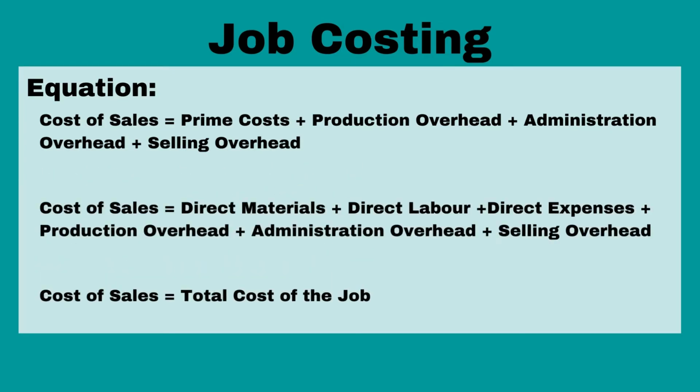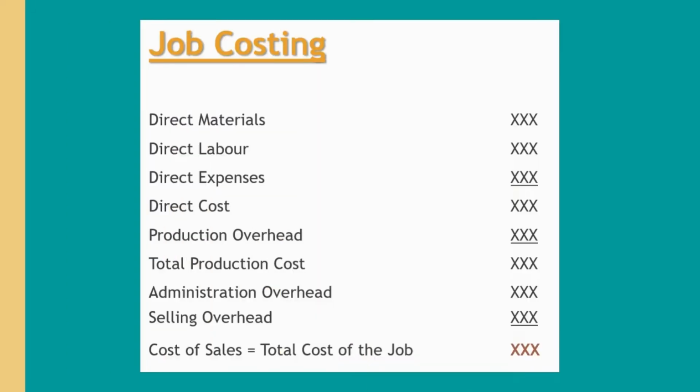Prime cost can be further expanded into direct materials, add direct labor, add direct expenses. The formula of job costing can also be summarized into a model shown in the slide.